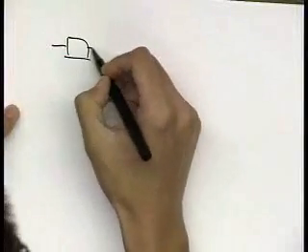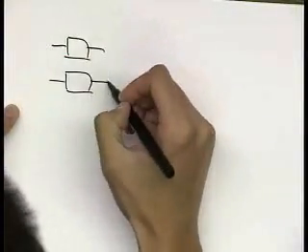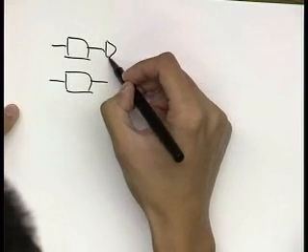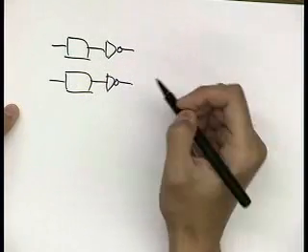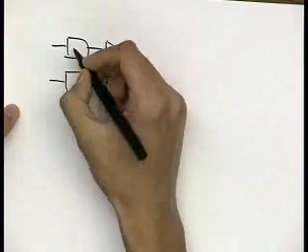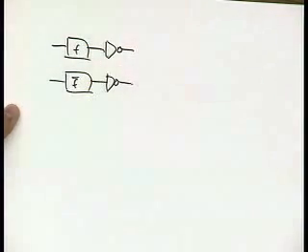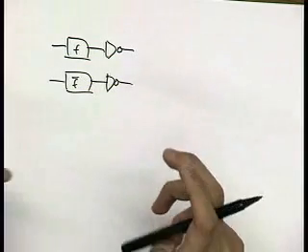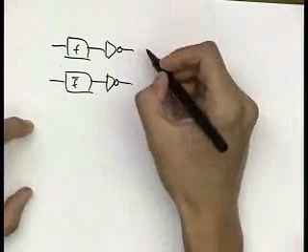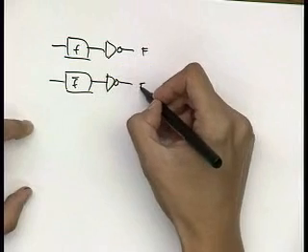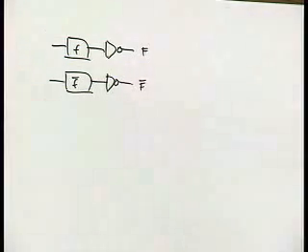Let me draw that again. You have these two complementary pass transistor networks. This is some function f, and this is its complement. Then I always get some sort of f and f bar.